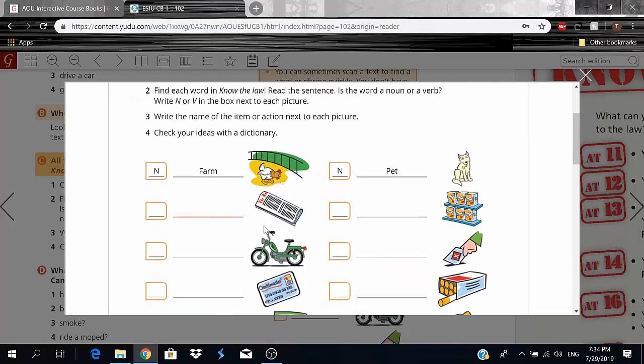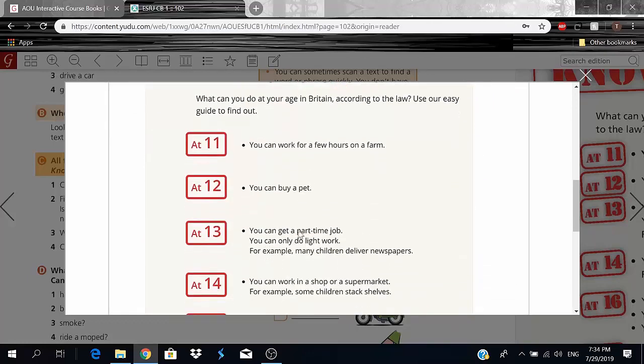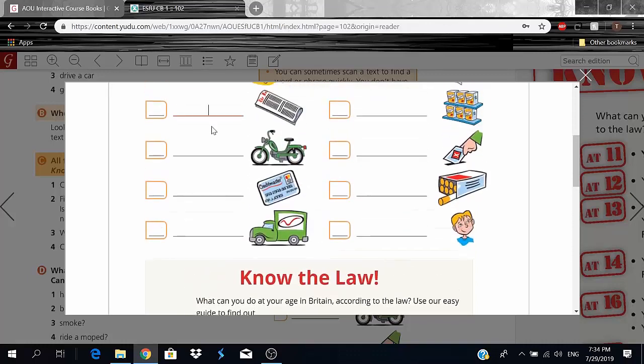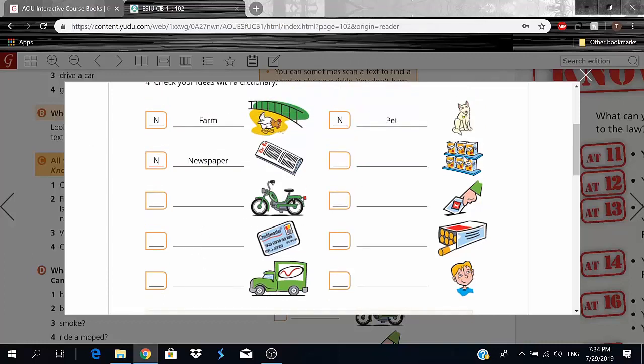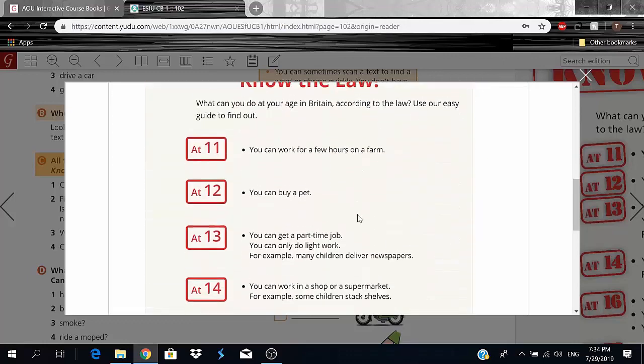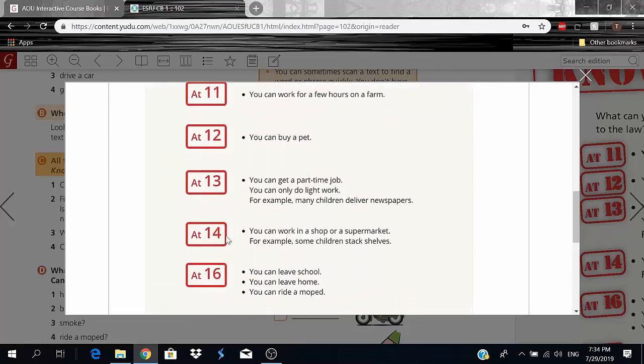This one's pretty obvious. You can get a part-time job. You can only do light work. For example, many children deliver newspapers. So here we have newspaper, and newspaper is also a noun, so here we have N. And here we have, I think it was something along the lines of stacking shelves. Let's actually look at that. At 14, you can work in a shop or a supermarket.